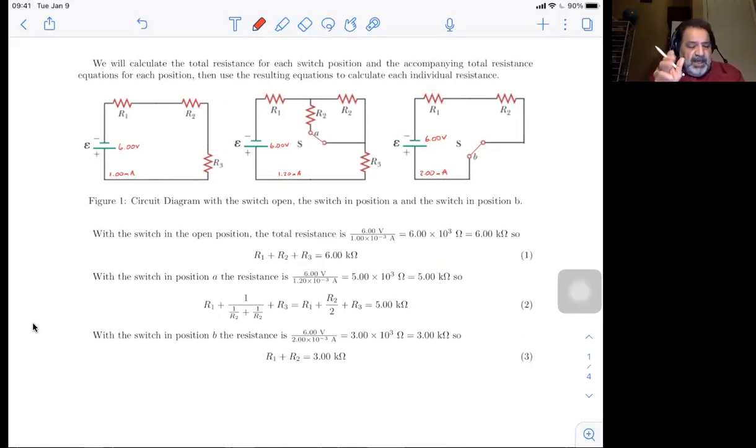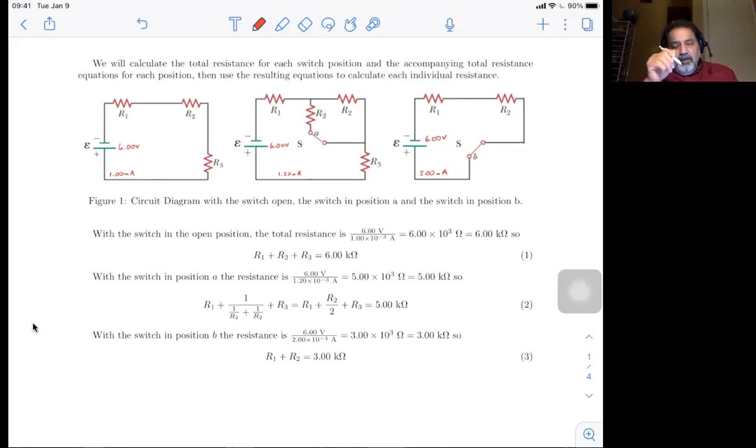With the switch in position A, the resistance is 6 volts divided by 1.2 times 10 to the minus 3 amps, and we end up with 5 kilo ohms. So the equation for the equivalent resistance is R1 plus, then we have to do the little parallel combination, it's the reciprocal of the sum of the reciprocals, 1 over R2 plus 1 over R2, plus R3, and that equals R1 plus R2 divided by 2 plus R3 equals 5 kilo ohms.